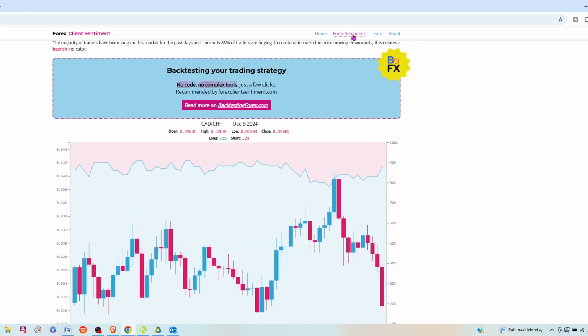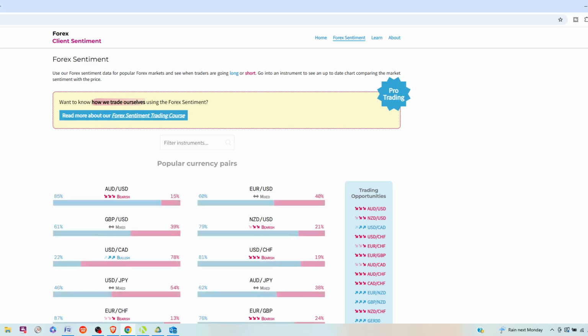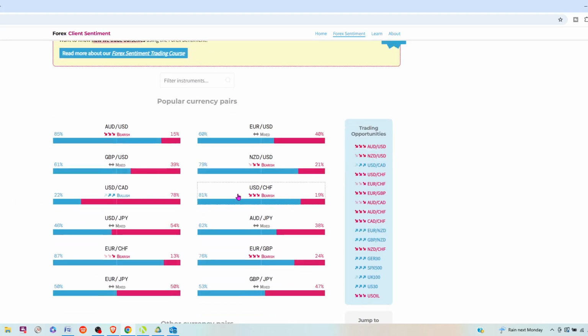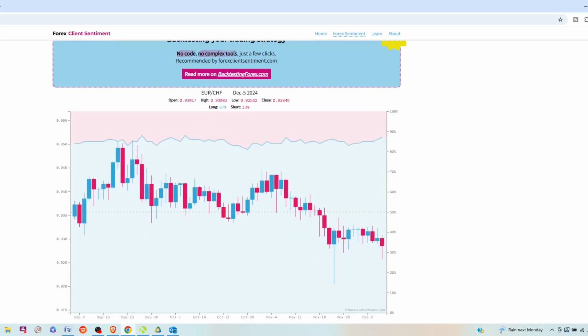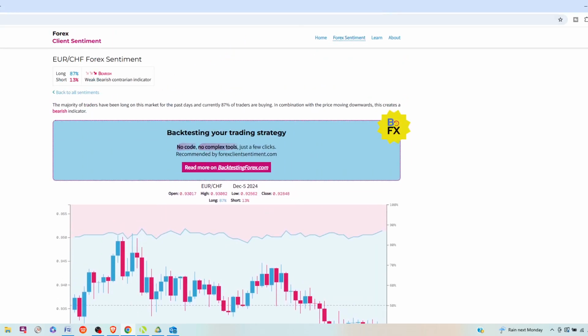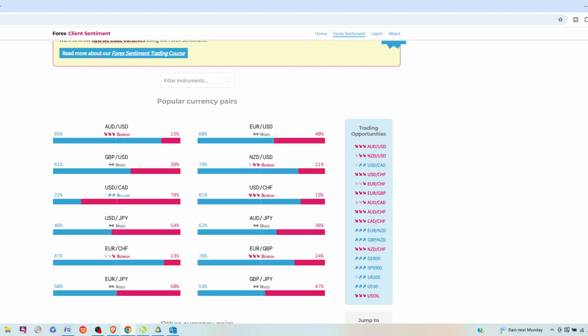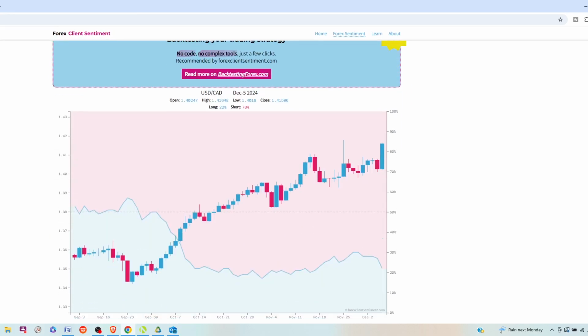So let's not do that one. Let's try to find another one. How about Euro Swiss? It's probably going to be about the same thing. Well, I want to find one that kind of crosses over. I'm sorry, guys. I should have looked at this ahead of time. Let's try dollar CAD. Okay, yeah, let's use dollar CAD.